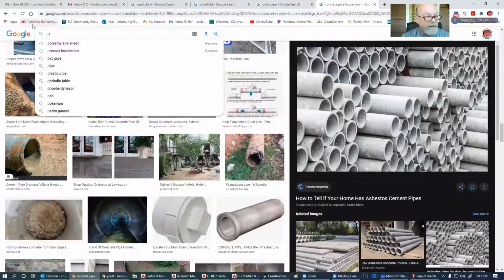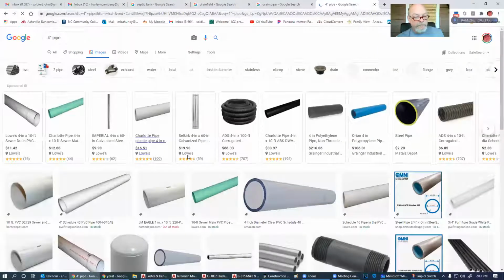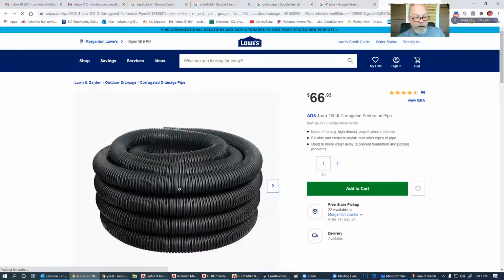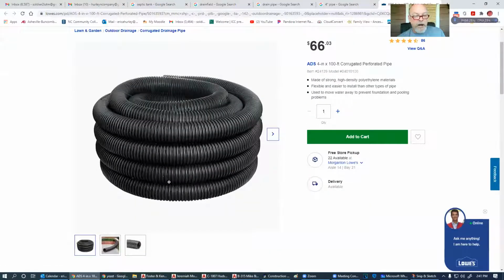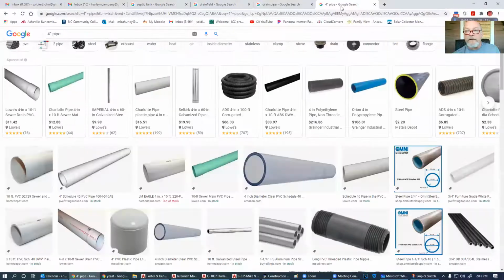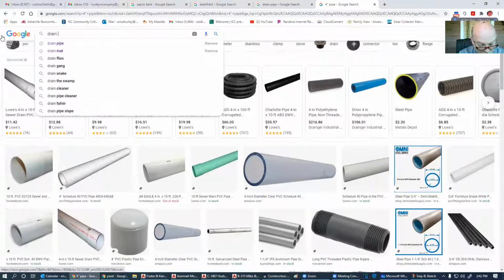So with the 4-inch pipe, this is the kind of corrugated pipe that would go in. We have to go a full 100% distribution on our drain field, 100 feet per bedroom. But in order to shorten it up, I can use, I lost the term all of a sudden, chambers.